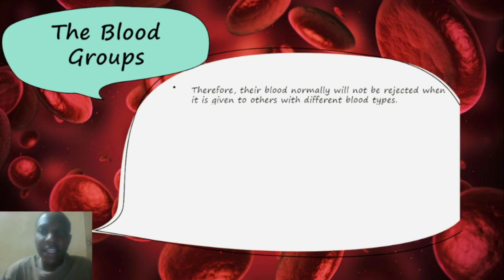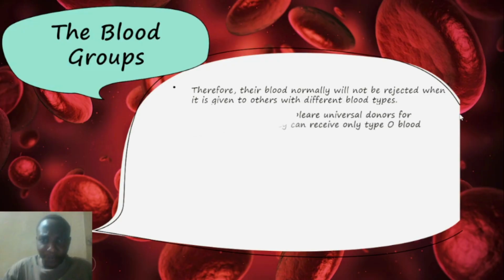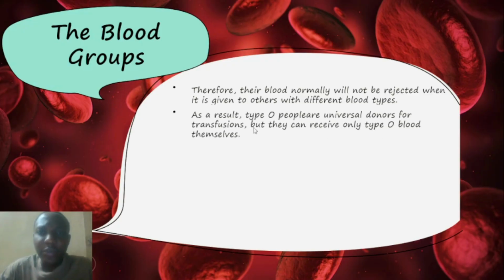They can supply blood to anyone, since their blood will not be rejected by any of the other blood groups. Type O people are universal donors for transfusions, but they can receive only type O blood themselves. That's the uniqueness of type O people.